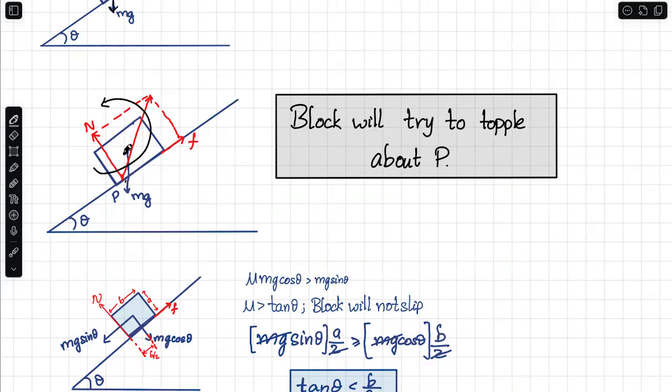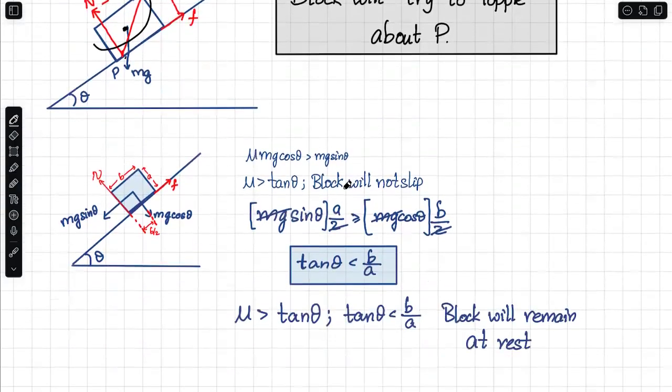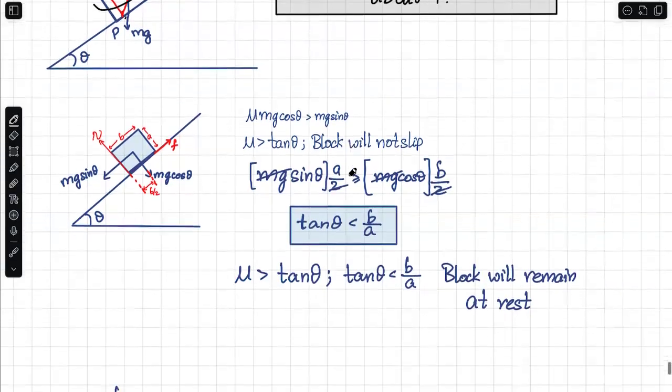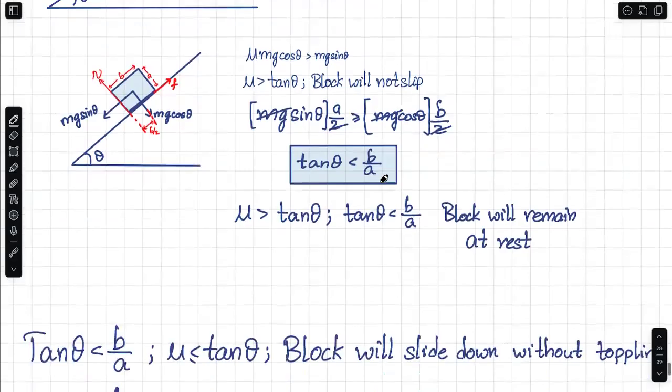In this case, about this, the resultant reaction gives you what kind of torque? Anti-clockwise. So it will topple without slipping. This comes under toppling without slipping. Similarly, the other case, it won't topple, it won't slip. Right.